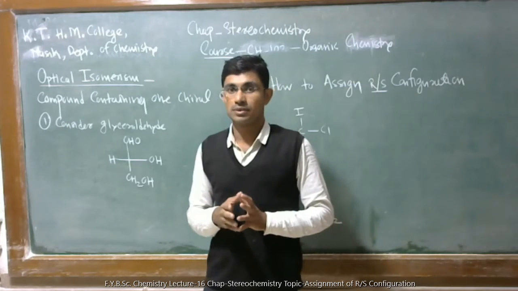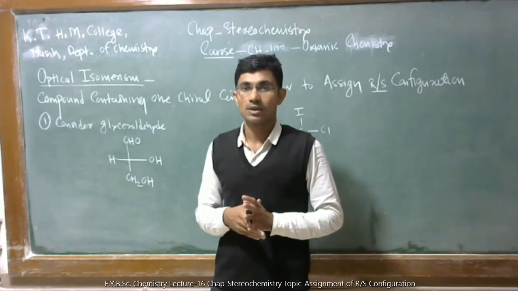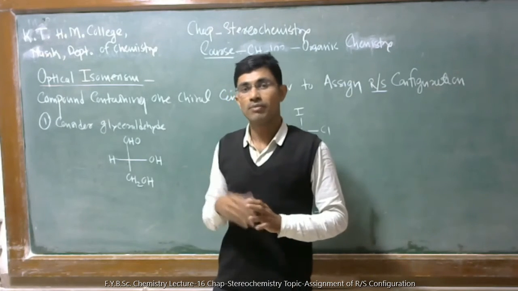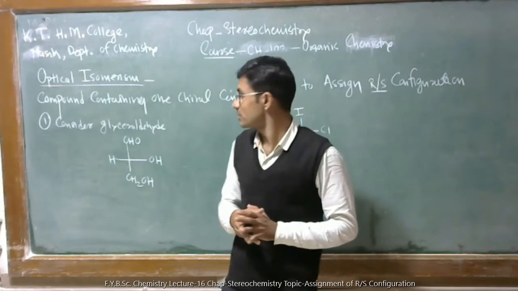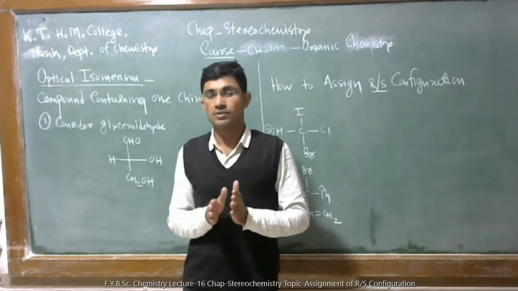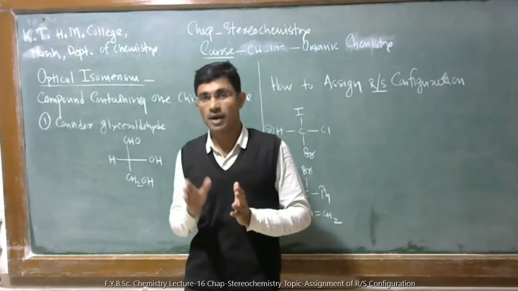No doubt the 3-dimensional structures are very useful and most convenient, but when we assign the R/S configuration, many times we use the Fischer projection formula. It is easy to write, and saves time and space also.